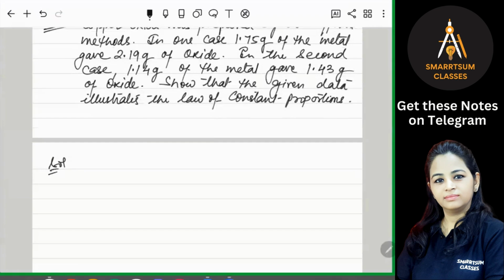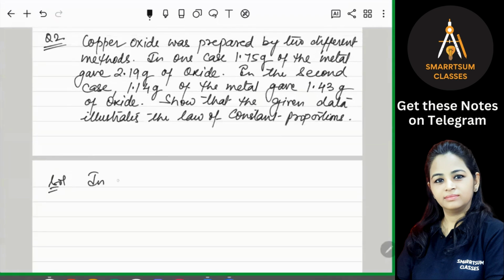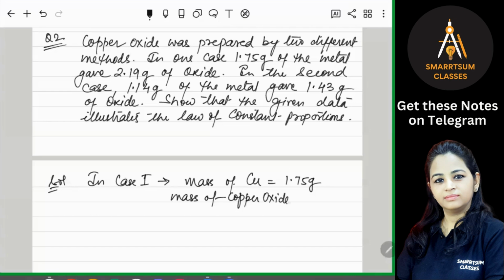Now, let's take case number one. What is the mass of copper? Mass of copper given is 1.75 gram. And the mass of copper oxide formed is 2.19 gram.